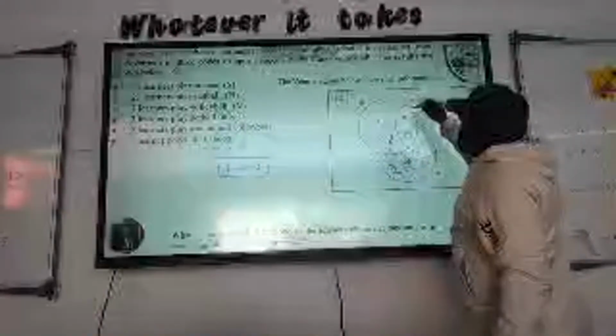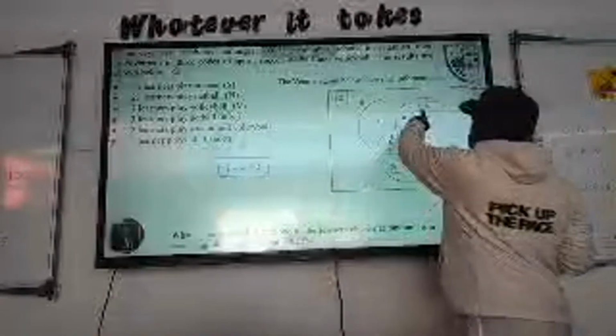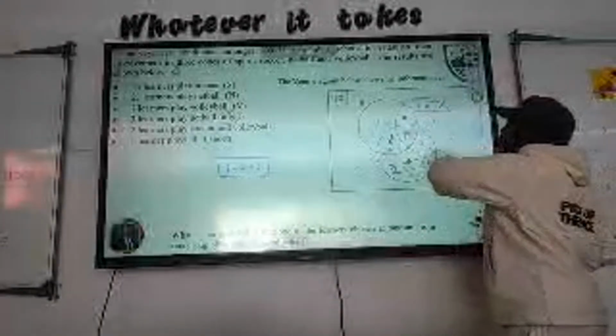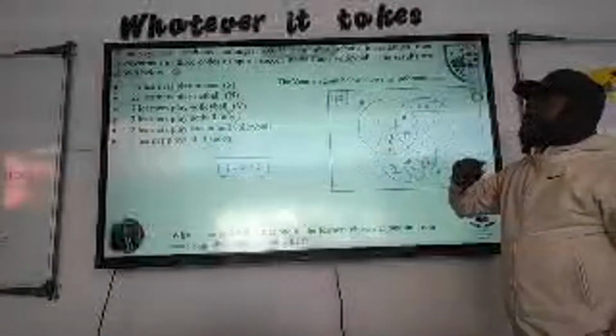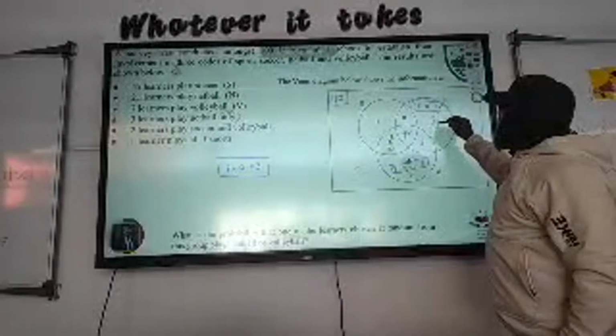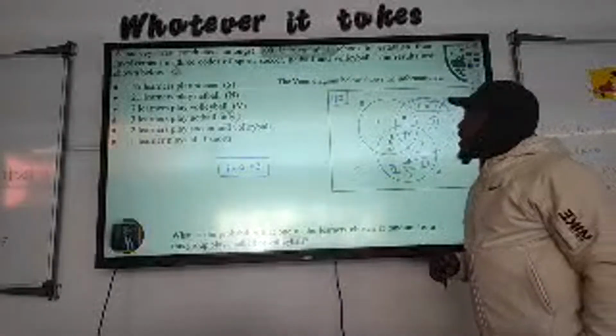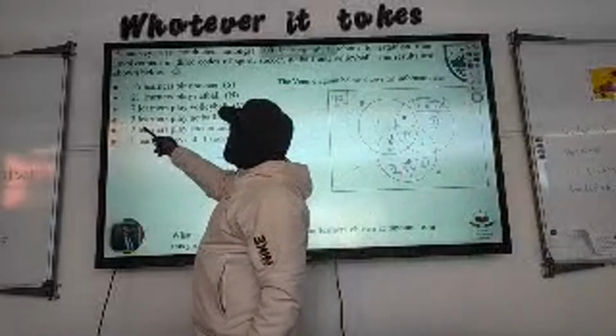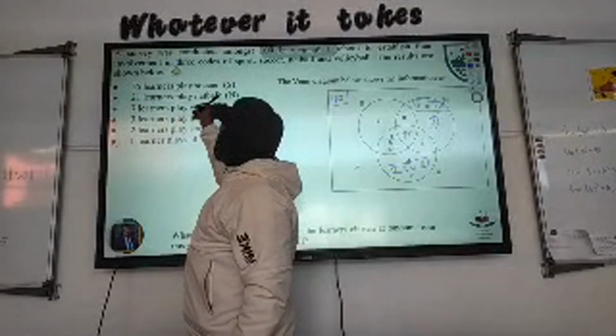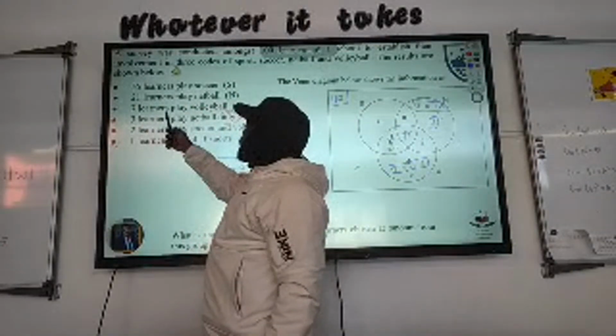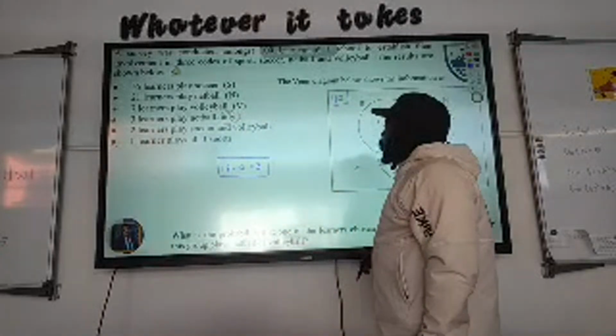Remember, the 3 was given to us. So we're using this information to help us find A. 21 minus 1 is 20, minus 2 is 18. So we have 18 minus A is equal to 3. You see that we have 21 learners that play netball, but we know that 3 learners are playing netball only.